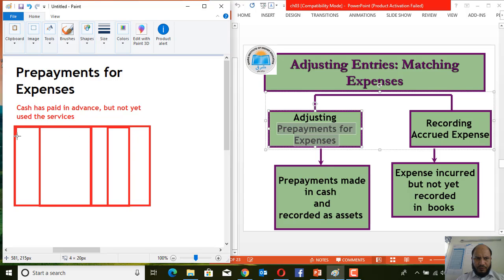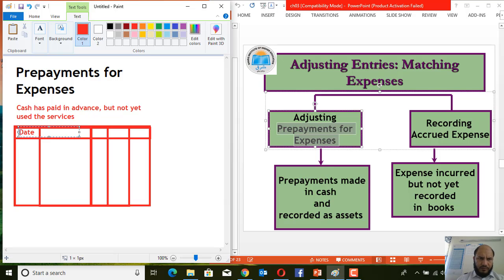So this is the date column, and then we have the description column, then we have the reference number column, we have the debit record column, and we have the credit record column. So these are the columns that we may use over here. Okay, these are the 5 major columns in this general journal.